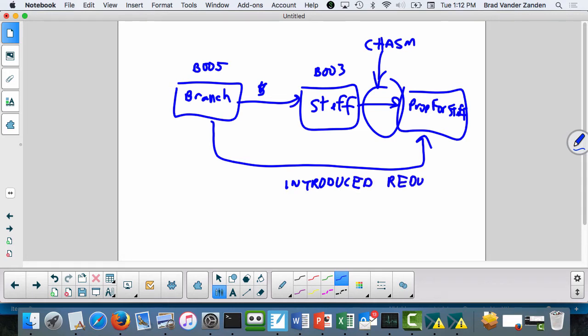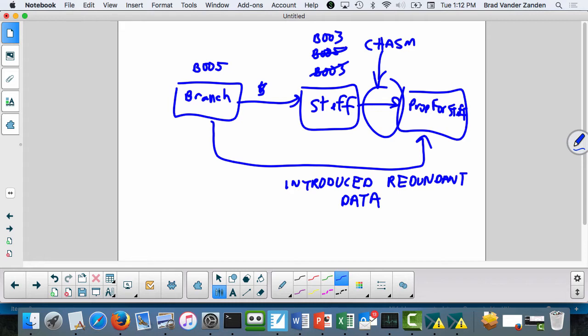And if I am not careful, this redundant data could conflict. For example, I might update the staff member's branch from, maybe originally it was B005, to B003, but the branch is still B005, and now there's a conflict.